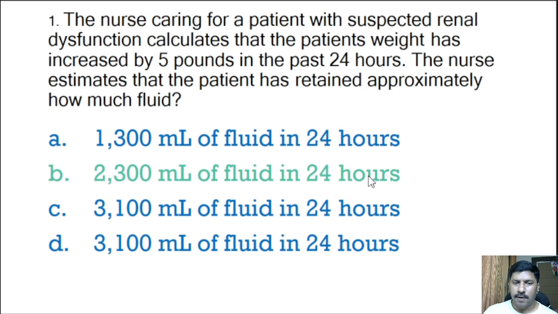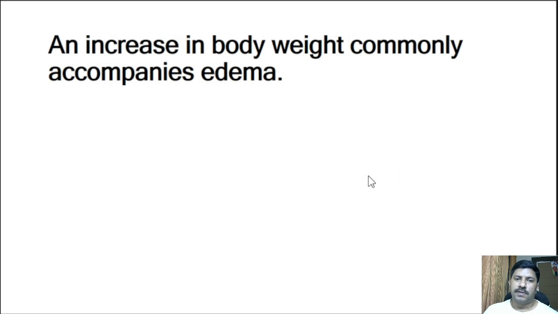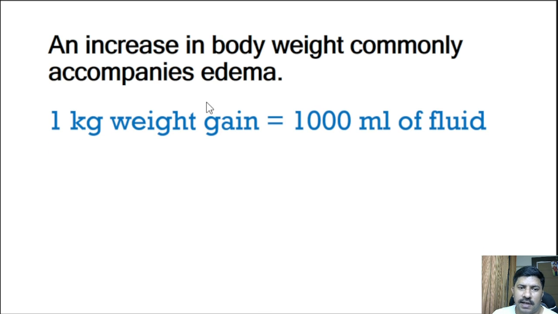So we will check how to solve this question. An increase in body weight that commonly accompanies edema indicates fluid retention. The body weight increase is due to fluid retention, so we need to estimate the amount of fluid. First, 1 kilogram of weight gain is equal to 1000 milliliters of fluid.